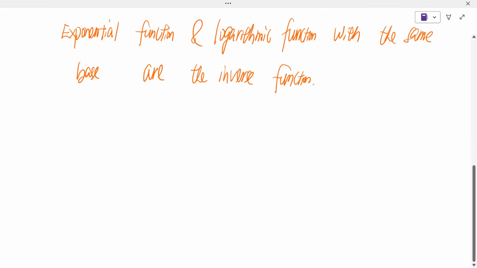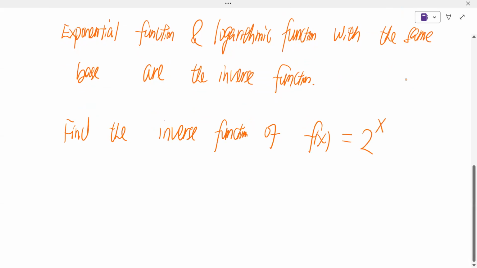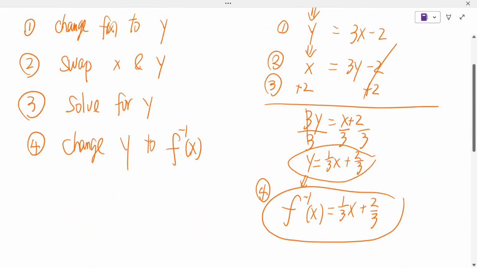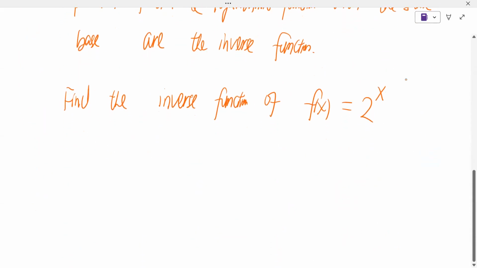So let's find the inverse function of f of x equal to 2 to the x. Start with the simple ones. Now, follow this procedure first, right? So first of all, we have f of x equal to 2^x.